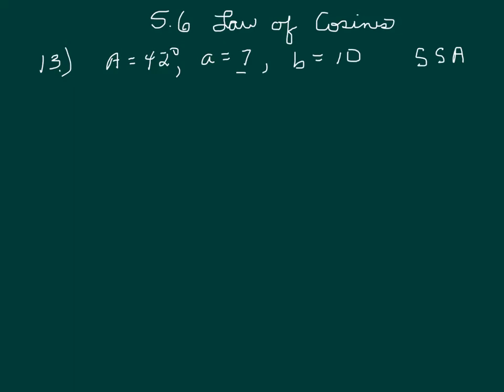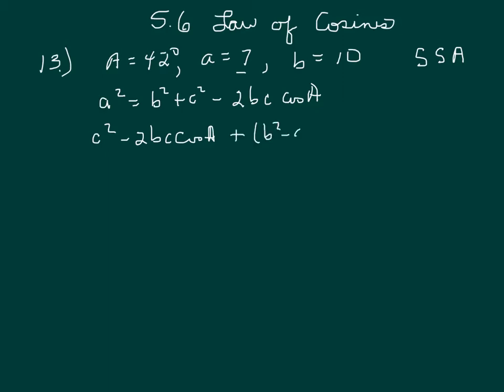Putting this into the law of cosines, we have a squared is equal to b squared plus c squared minus 2bc cosine A. Solving for c, we have an equation: c squared minus 2bc cosine A plus b squared minus a squared is equal to 0.